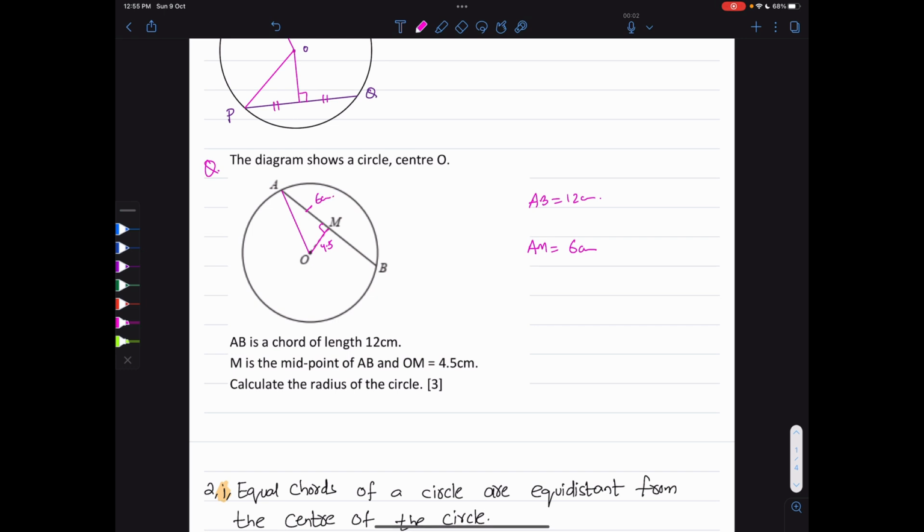If this is 6 centimeter and OM is 4.5, then to calculate the radius of the circle, which is represented by OA, you can just use Pythagoras theorem, that's going to be the square root of 6 squared plus 4.5 squared. If you calculate this, you are going to get 7.5 centimeter. So that was the first property.